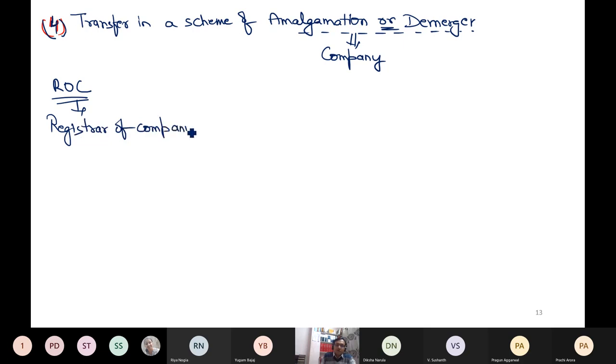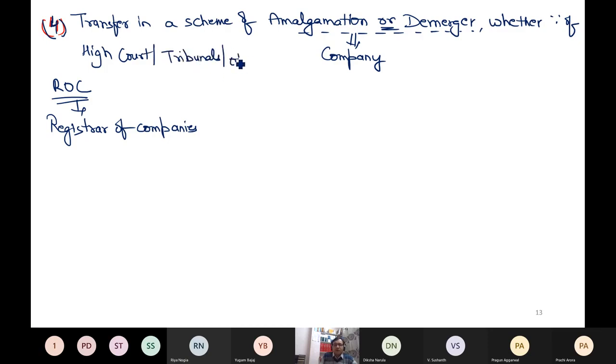So whenever under any amalgamation or demerger any transfer happens, whether because of a court order, High Court orders, tribunal's order, or otherwise, even without any order, whatever is the case, a court's order is not necessary whenever amalgamation or demerger happens.